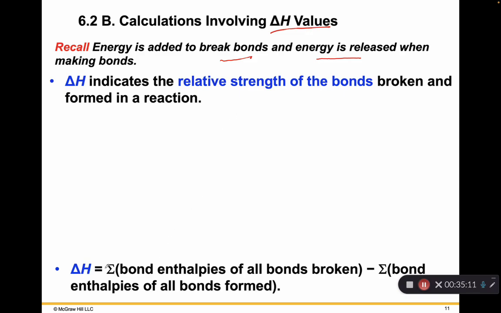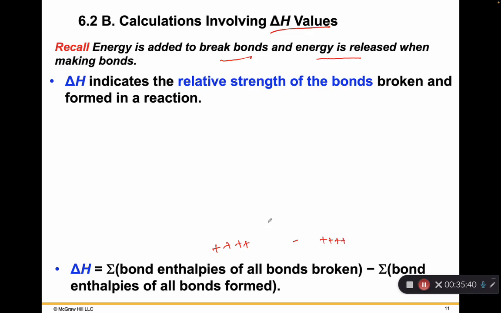Delta H is equal to the summation, meaning sum, of all the bond enthalpies of all bonds broken minus the summation of all the bond enthalpies of all bonds formed. So you have to sum up all the enthalpies related with each bond that is broken, and subtract the sum of all the enthalpies of all the bonds that are formed.